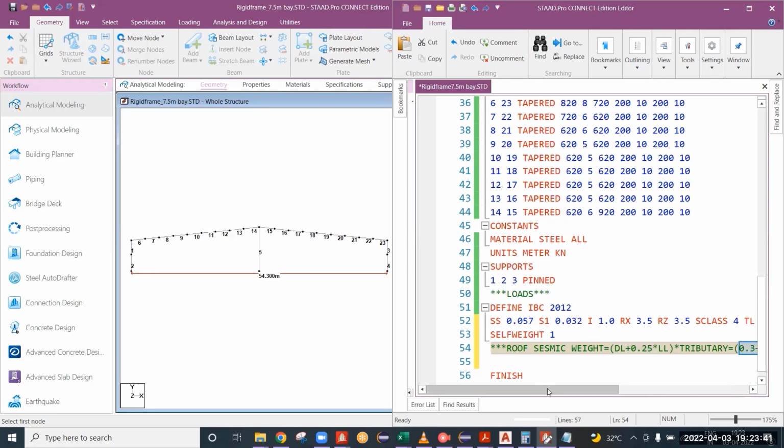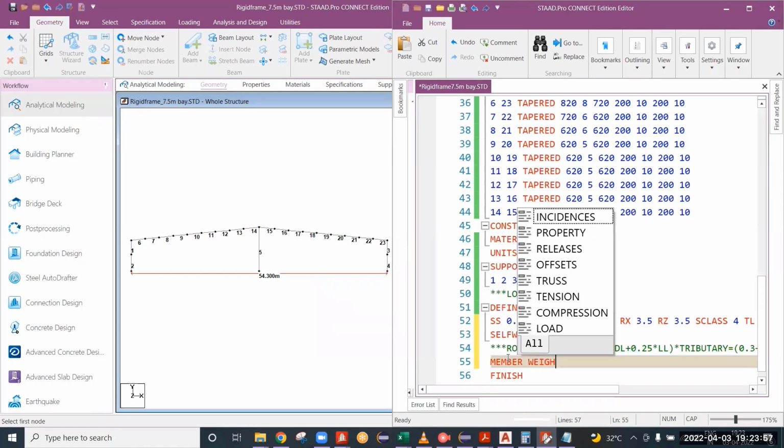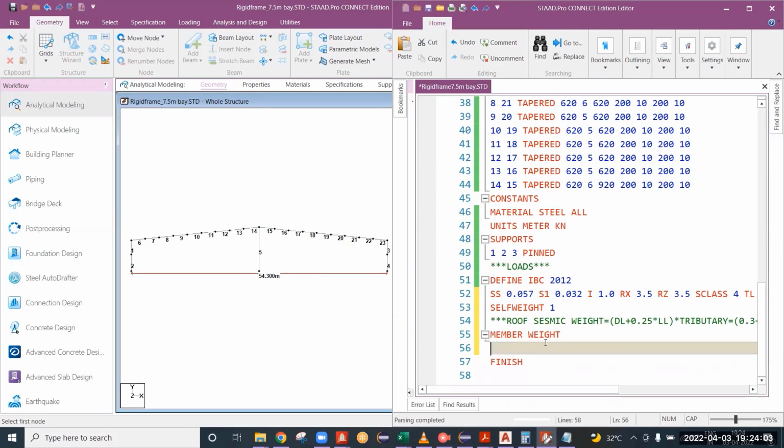For that we need one more command, MEMBER. Be careful that all the commands should be in capital letters only. Generally we will give MEMBER WEIGHT; all these can be taken as members. We are giving seismic weight here.